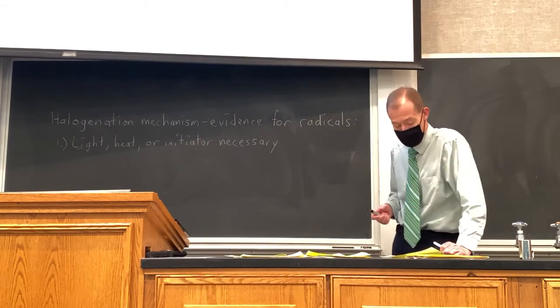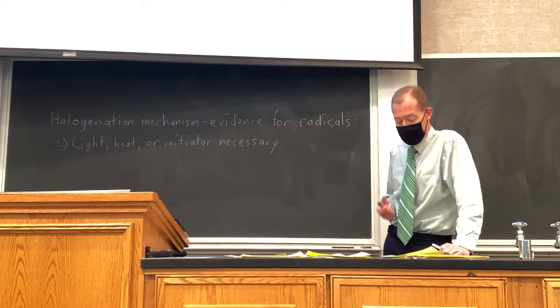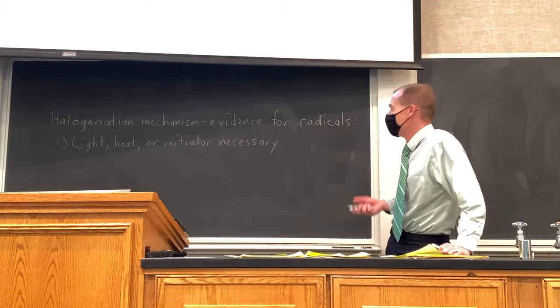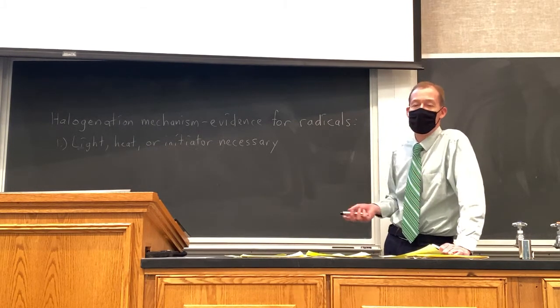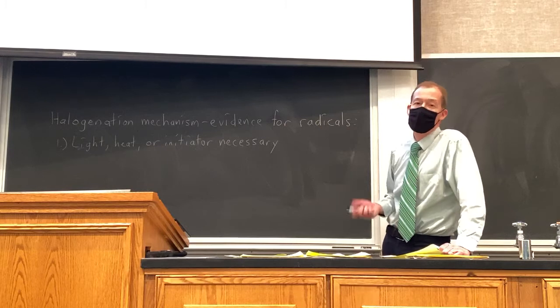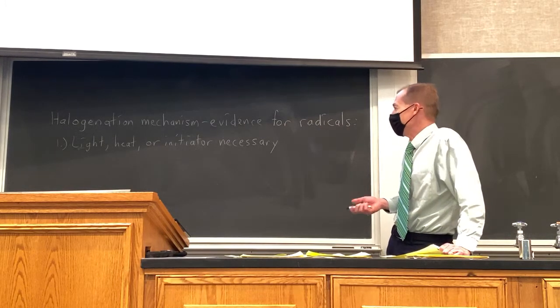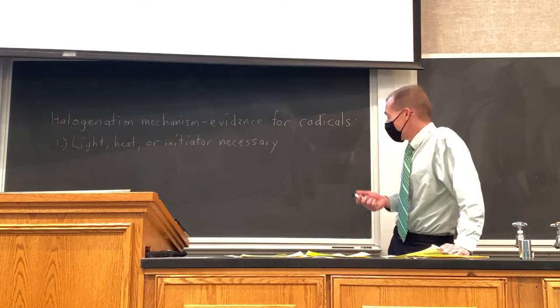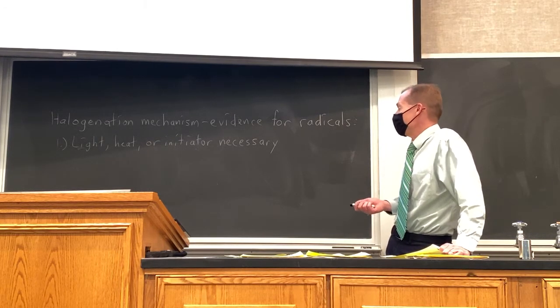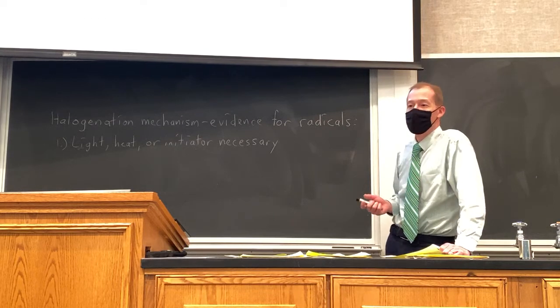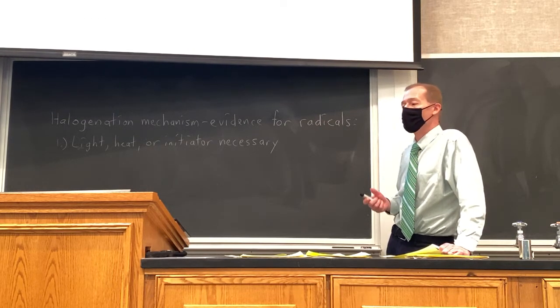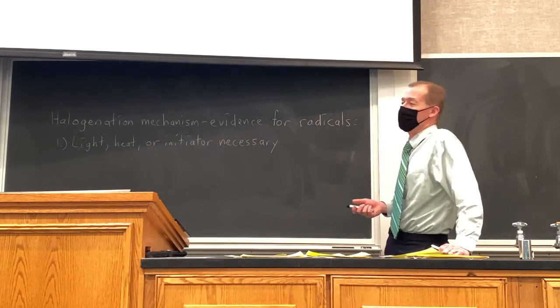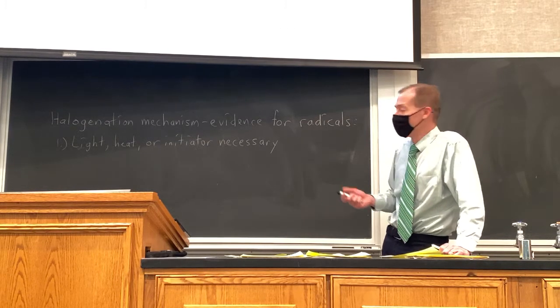The first point is that light, heat, or a radical initiator, one of those three things is necessary for the reaction to occur. It will not occur in the absence of one of these components. Or at least, I should say it another way, at least one of these components must be present in order for an alkane halogenation to occur.